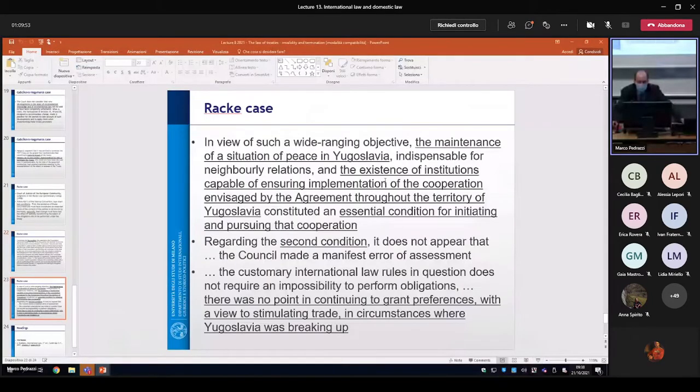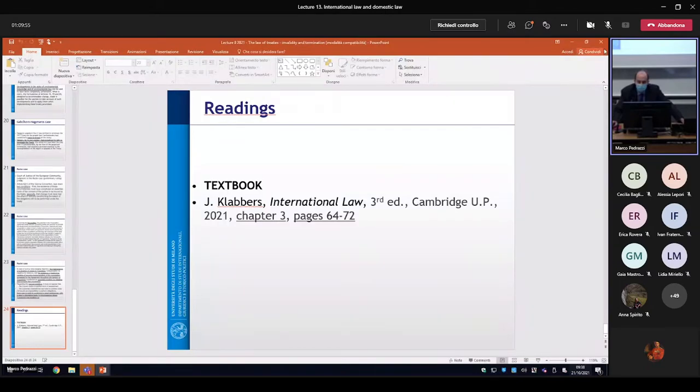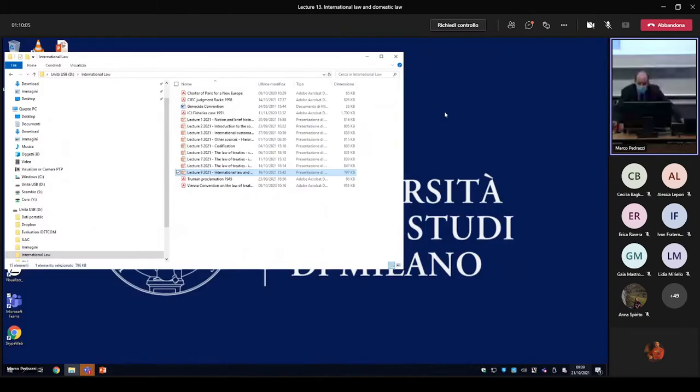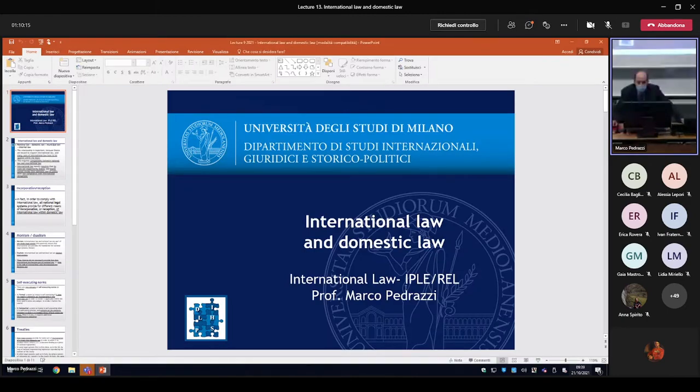So we leave the law of treaties for the moment, and we go to the question of the relationship between international law and national law, or domestic law, or municipal law.